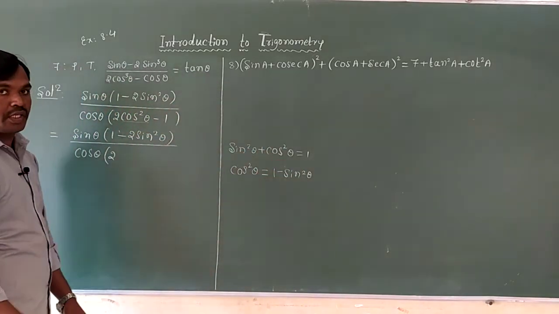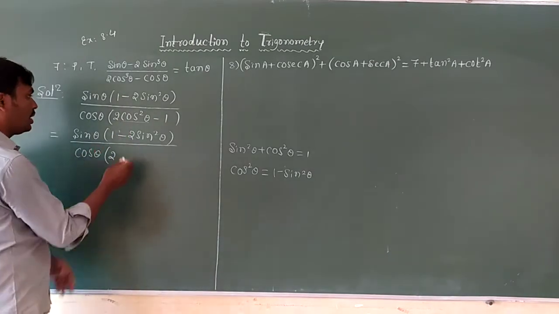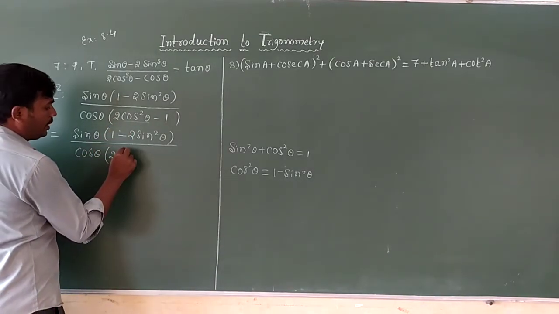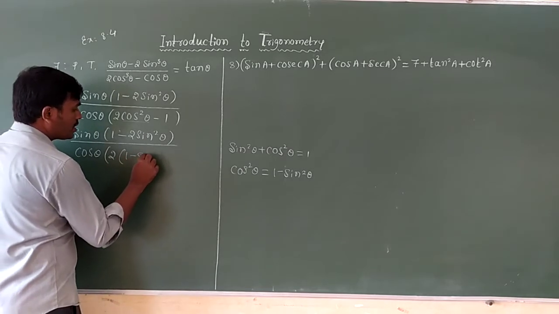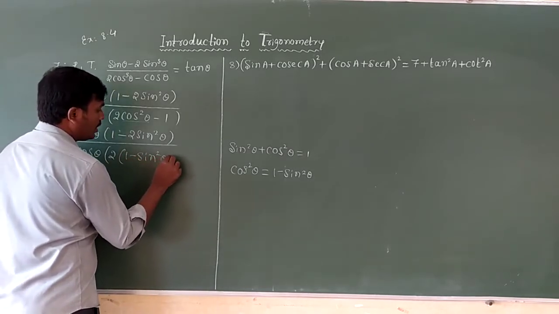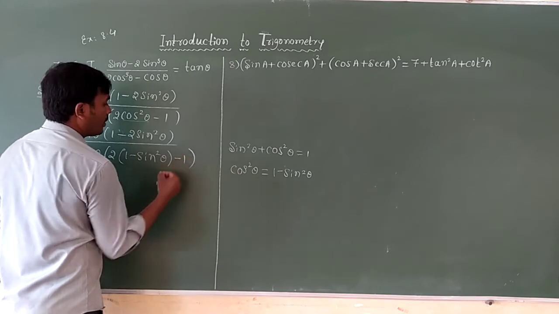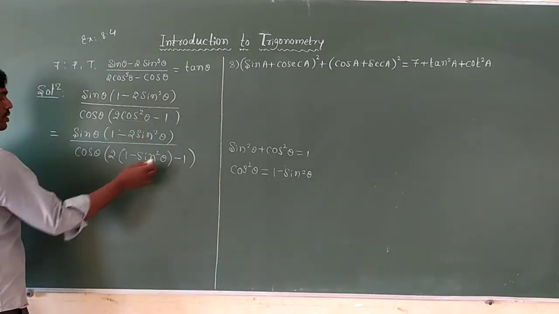1 minus sin square theta. So let us take that value here. If I take it here, it becomes 2 into (1 minus sin square theta) minus 1, keep this minus 1 as it is.